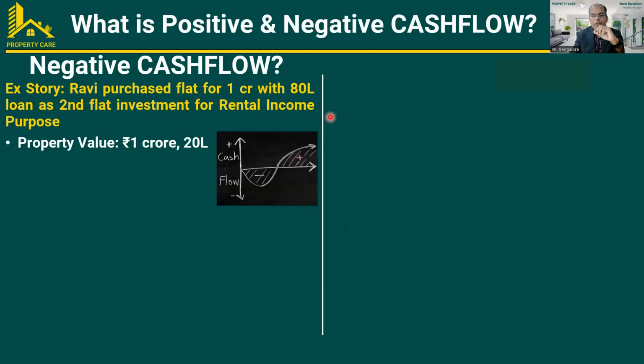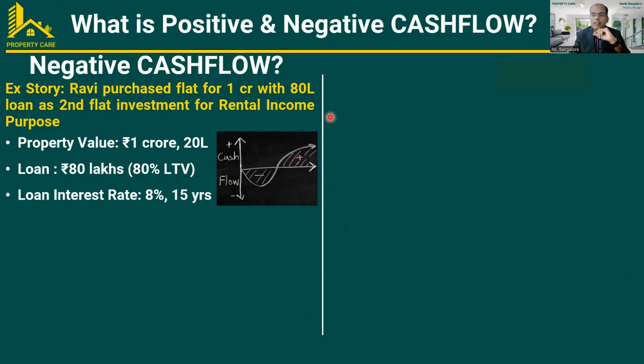The property value is 1 crore and he is investing 20 lakhs from his pocket, which is the down payment. Usually any bank needs some down payment. The 80 lakhs is the loan he is taking, at 80% loan to value.